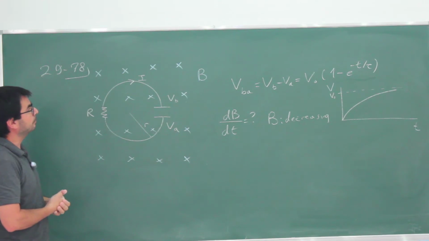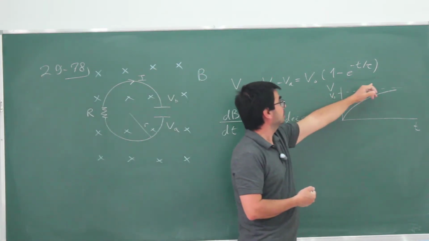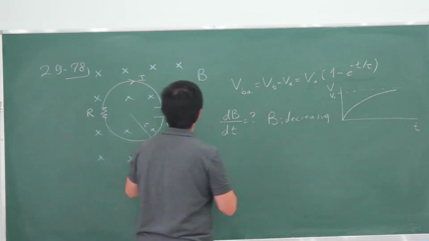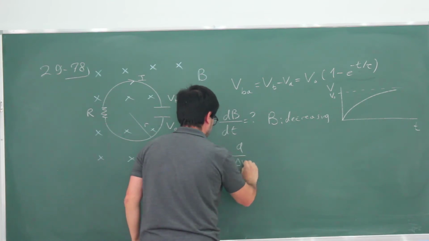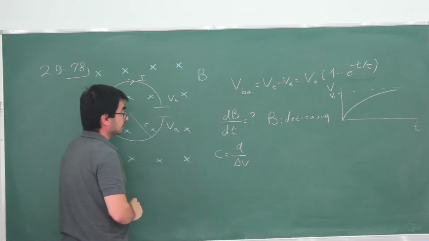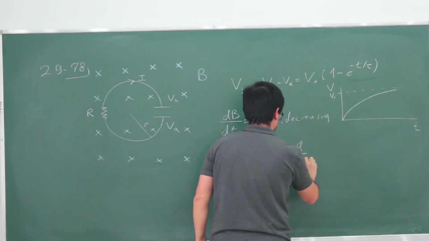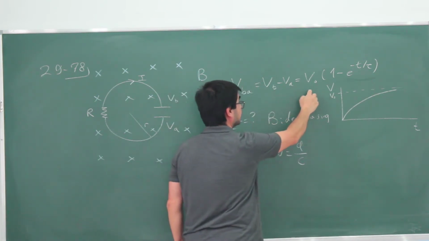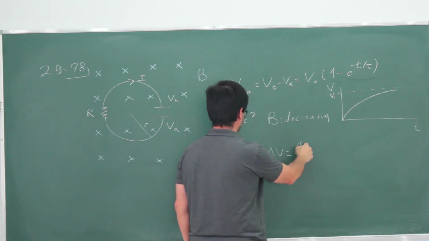Okay, so how do we calculate that current? If this is how the potential is changing, now this is a capacitor, so its capacitance is just Q by delta V. So that delta V must be Q over C. By knowing how this changes, I can say how the Q is going to change.